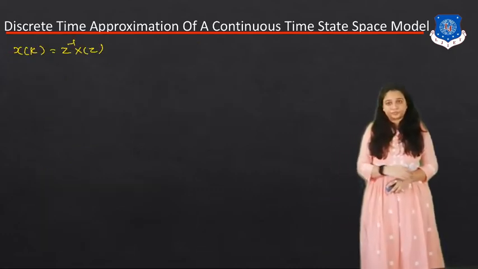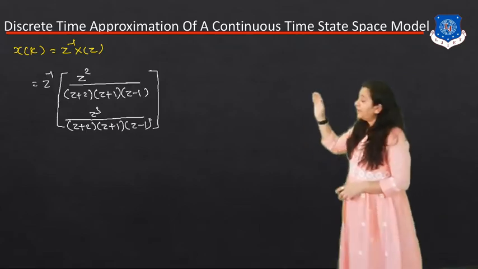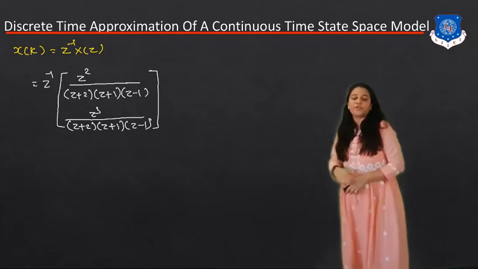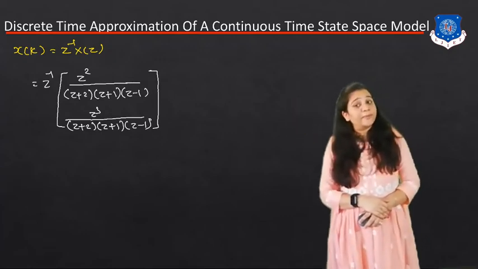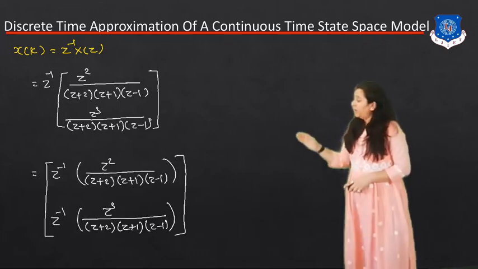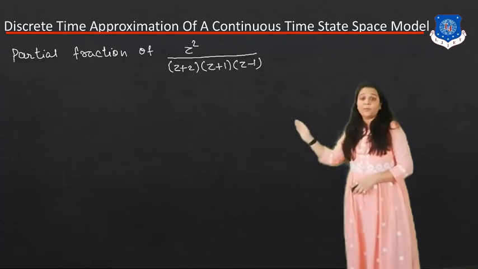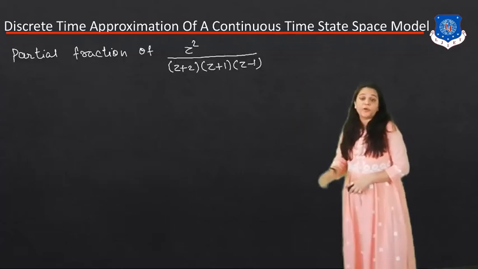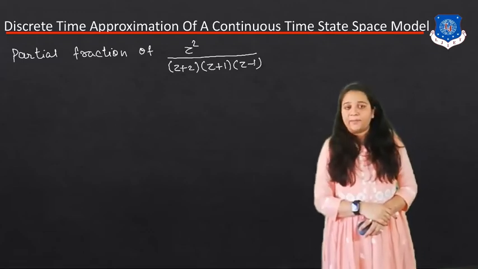So x of k is equal to z inverse of x of z, z inverse of z square upon z plus 2, z plus 1, z minus 1, z cube upon z plus 2, z plus 1, z minus 1. Now we have to take the z inverse of these two factors. So first of all, we have to take the partial fraction of z square upon z plus 1, z plus 2, z minus 1.